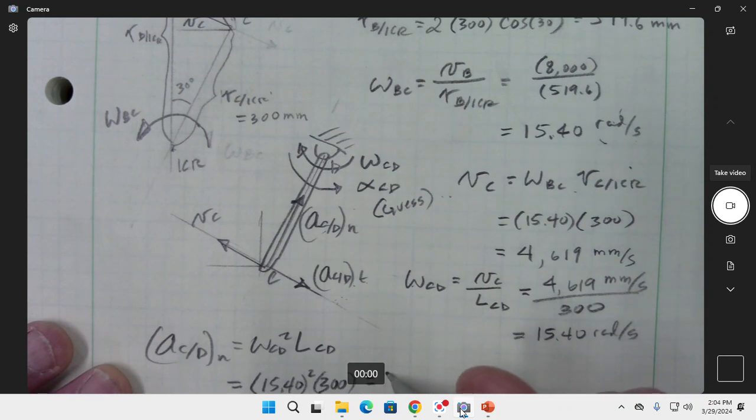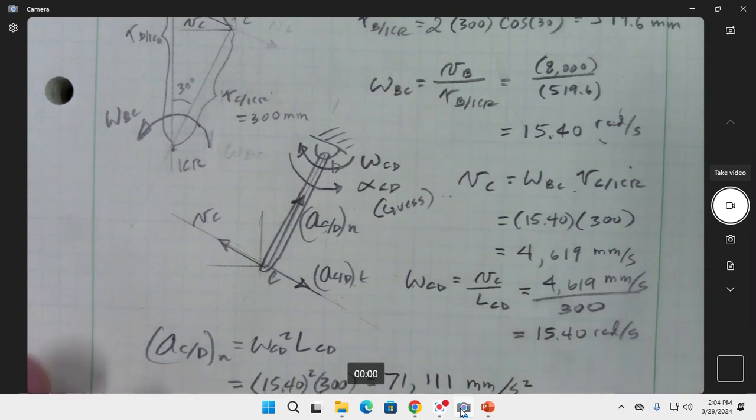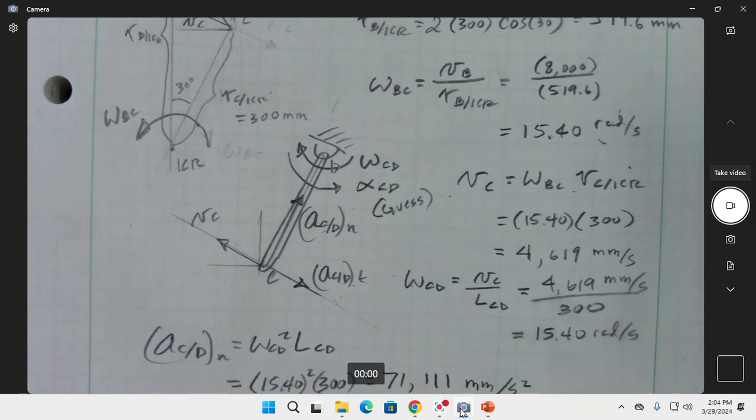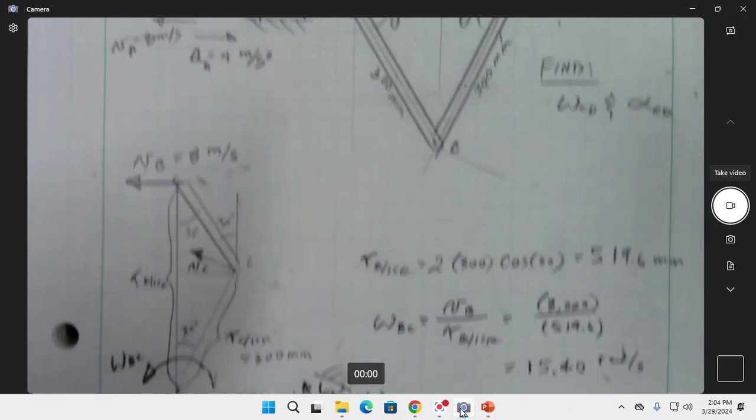I kind of wish we were in meters, but that's okay. 71,111, and that should be millimeters per second squared. Unless I screwed something up. Oh no, I see. This was given as meters. Okay, so that would be 4,000. At least it's close to the range.